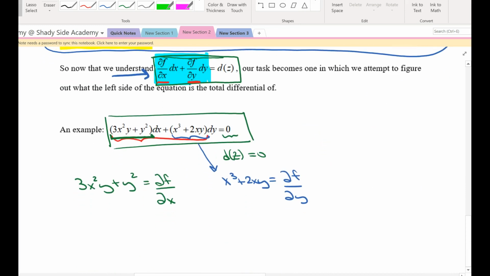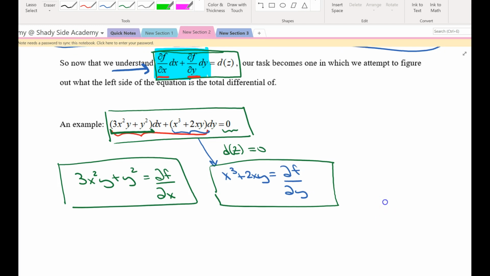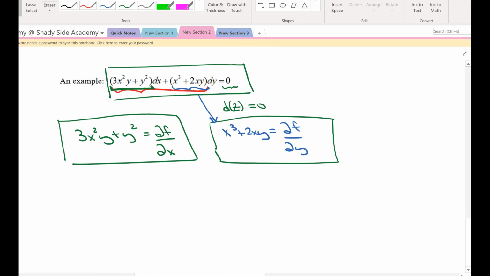So the question is, if I know these two partial derivatives, can I take that left-hand side and figure out what function has these two partial derivatives? The answer is yes.